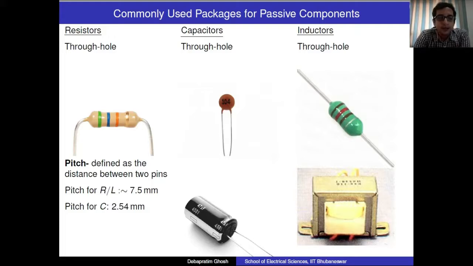So interestingly, 2.54 millimeters is also the distance between two neighboring holes on a breadboard. So the capacitors in particular are designed to be inserted on the breadboard as it is. So if you notice, this big thing is also an inductor, but of a large value. It's so big because it needs a large number of coils and wiring inside it.